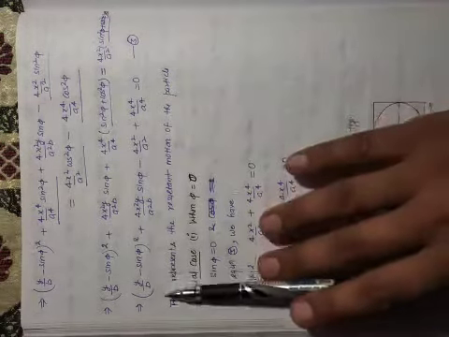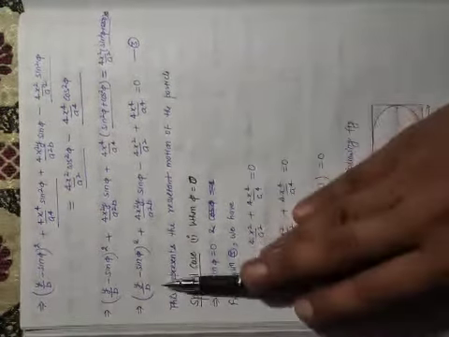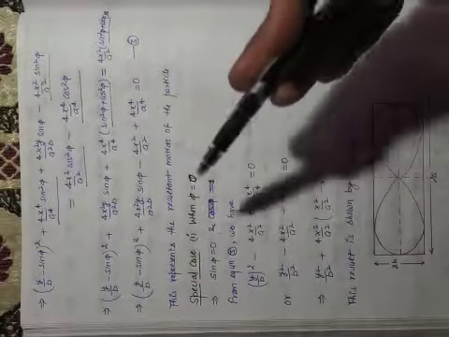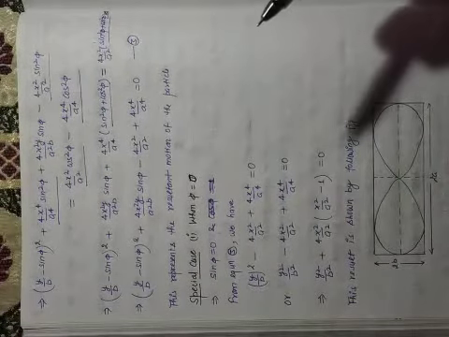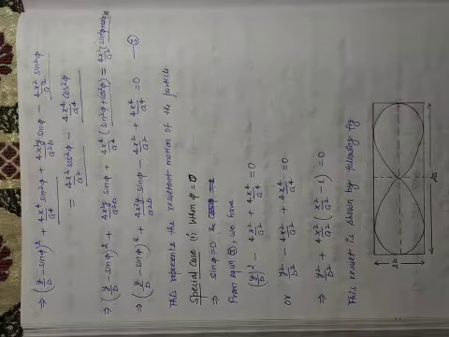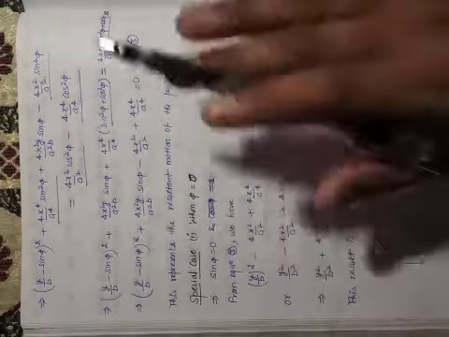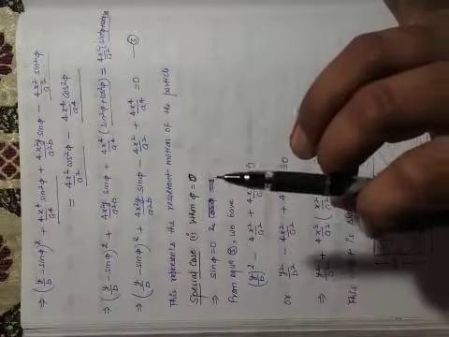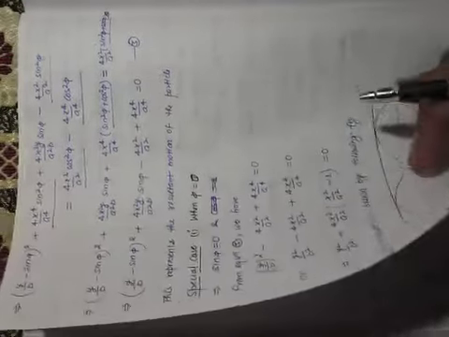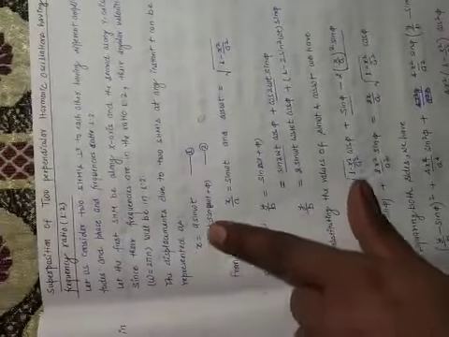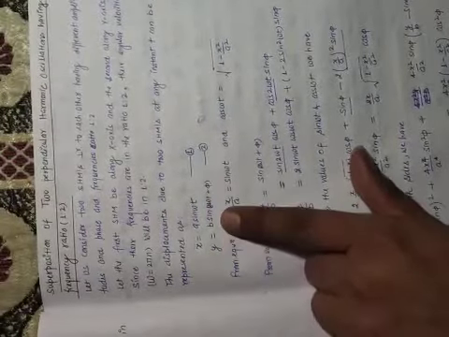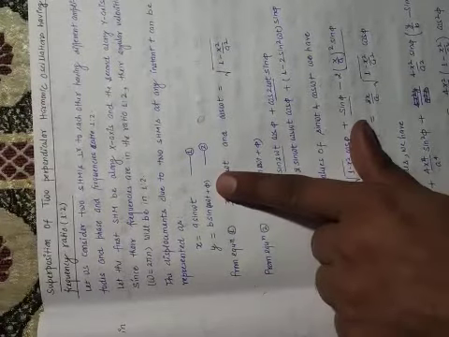And this equation number 3 represents the resultant equation, the resultant motion of the particle which has displacements of this type, that is x equals a sin omega t and y equals b sin (2 omega t plus phi).